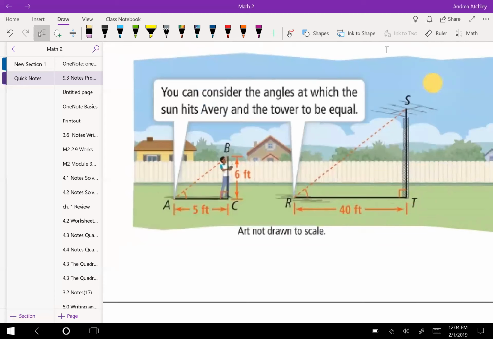They've given me a similar triangle here with Avery as the triangle, and they've given me the similar triangle with the tower. You can tell they're similar because it has a congruent angle to this and this. And then right angles are always congruent. So the two triangles are similar through angle. Triangle ACB is similar to triangle RTS by angle similarity.